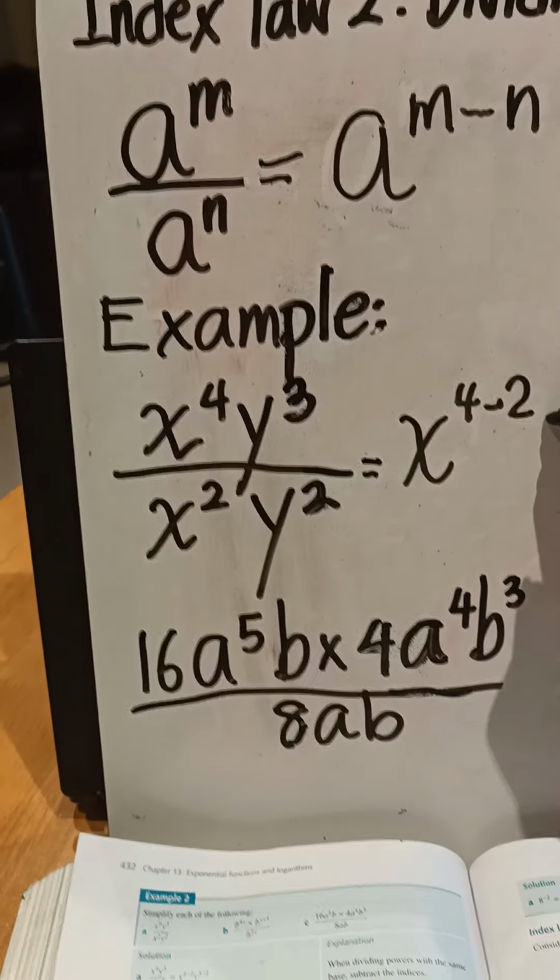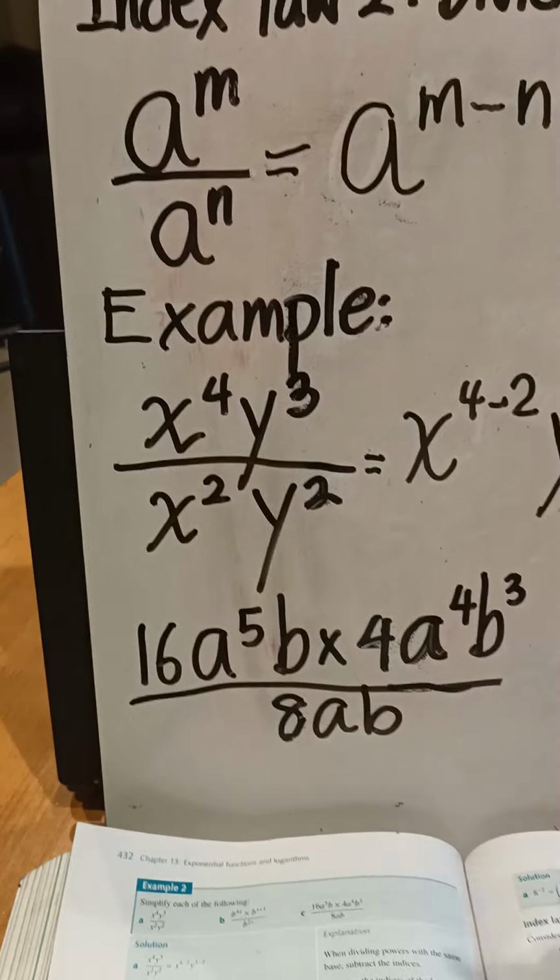Y, copy the base, now the variable, and the numerator, which is 3 minus 2. The final answer would be x squared, that's 4 minus 2 is 2, and then y to the power 1, or y.